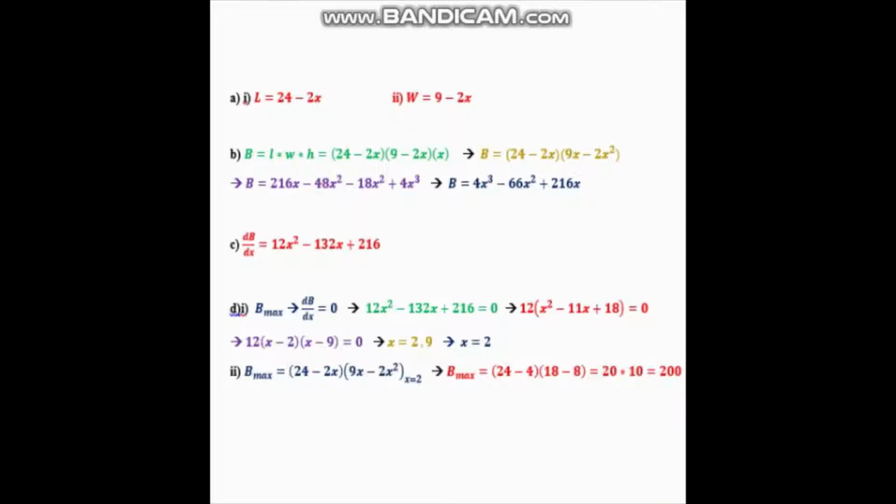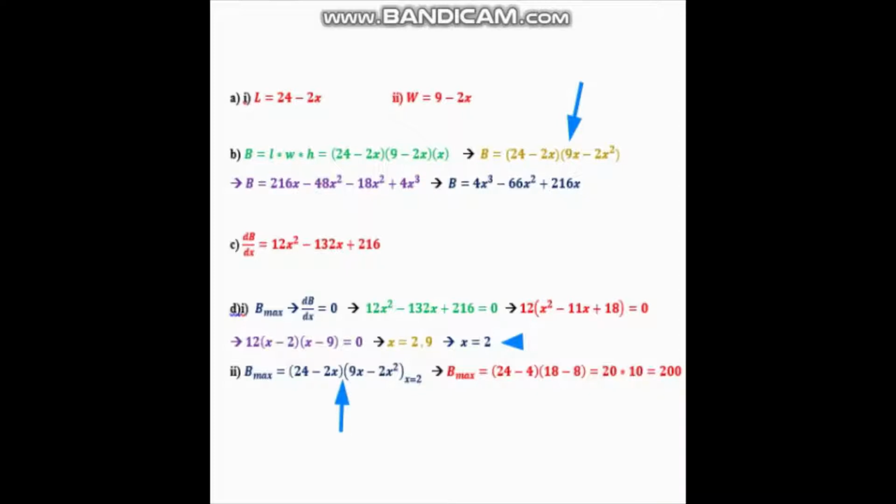Once I figured out the value of x that maximizes the volume, I can simply find the maximum volume by plugging this x right there into the equation for the maximum volume, which is this equation right there, which I have rewritten in blue.